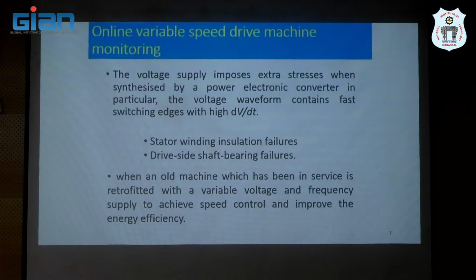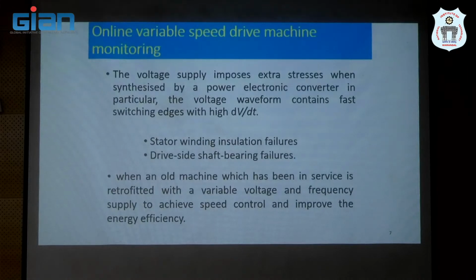Even an old machine in service, retrofitted with variable voltage and frequency for speed control and improved efficiency, may have been designed for normal AC sinusoidal conditions, but once you change the environment, there may be failure of the machine, because it is not designed for that.